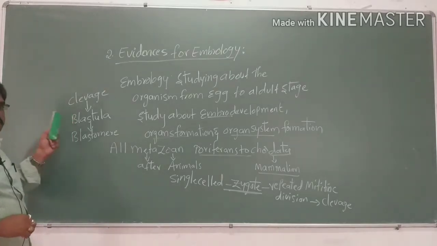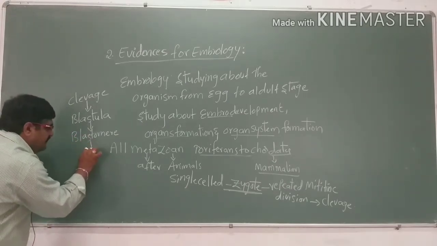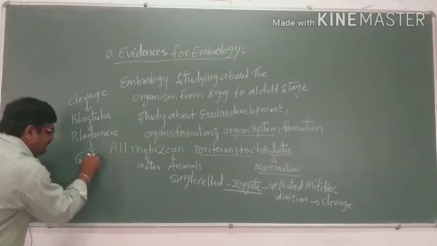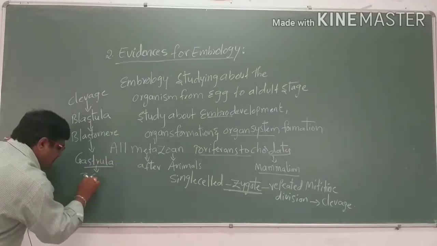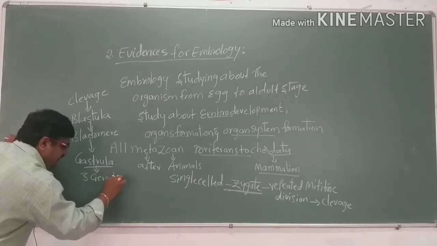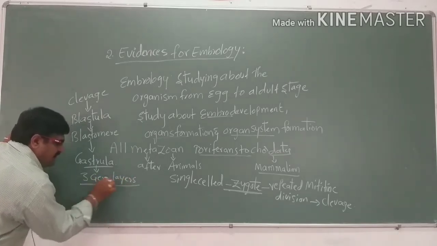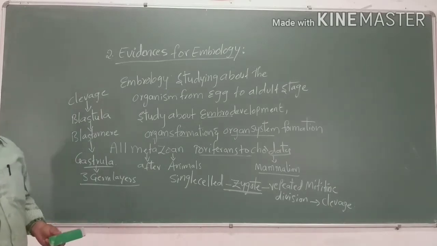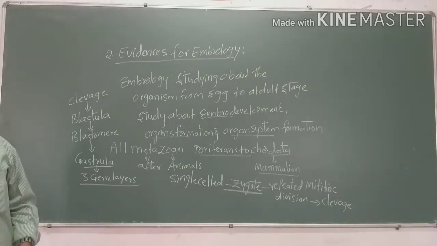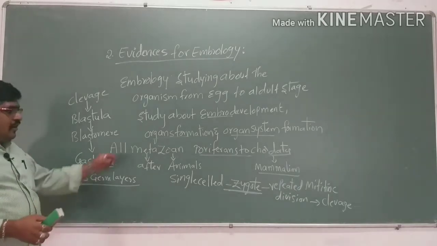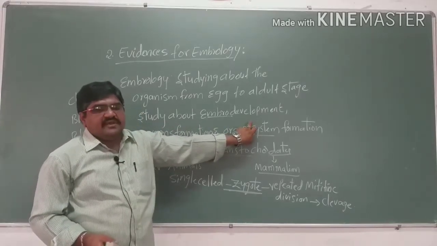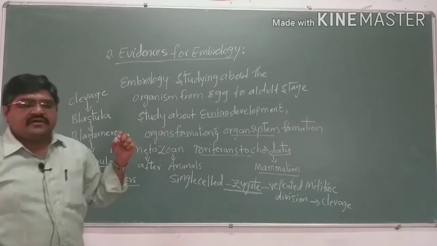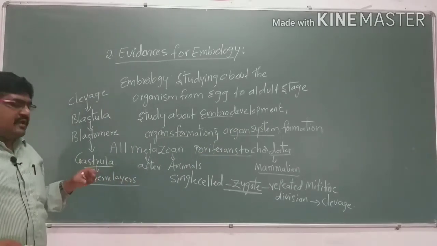The second embryonic stage is the blastocoel. This is converted into a gastrula, where it forms three germ layers. From these three germ layers it develops into an adult organism, where different organ formation as well as organ system formation takes place, helping in the formation of an adult organism.